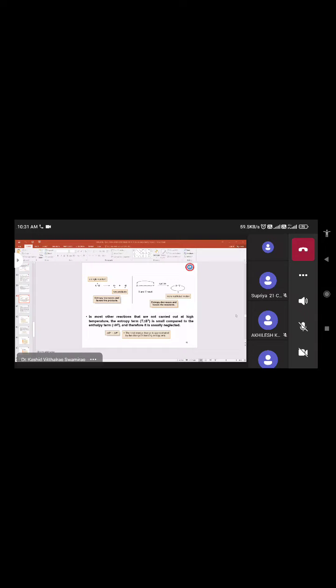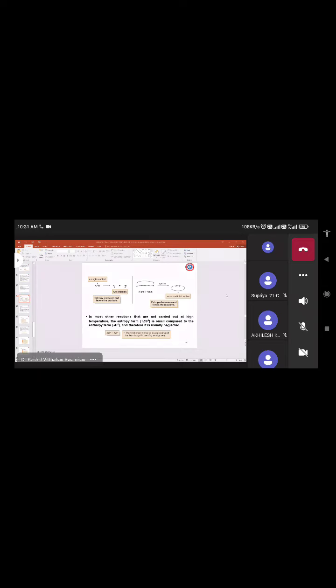If your bond is forming, means initially it was an unstable molecule, or at threshold level it is in an unstable state. In that condition, will the level of energy be high or low?